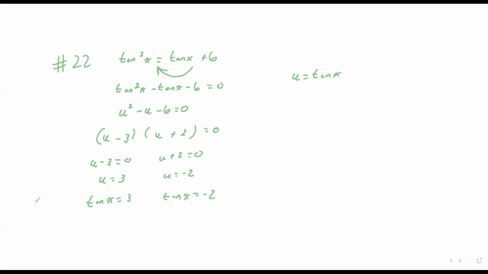Now, tangent doesn't have a maximum limit of what tangent can be. So therefore, these answers would just be tan inverse of 3, because that's technically what we've been doing this whole time, and tan inverse of -2. We don't know what the answer is, but it wants the exact answer, so we have to leave it like this.